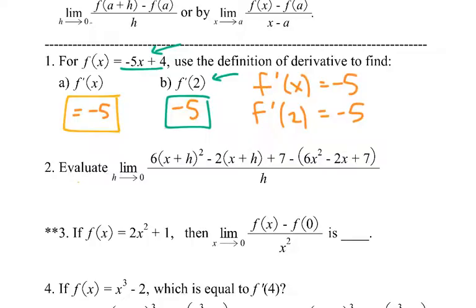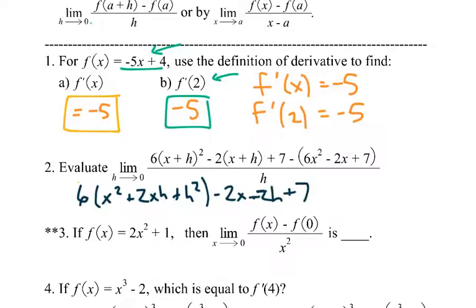We end up with 6 times x squared plus 2xh plus h squared, minus 2x minus 2h plus 7, minus 6x squared plus 2x minus 7.